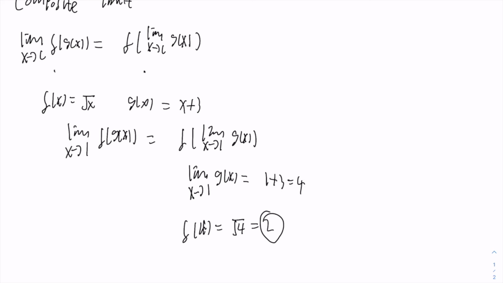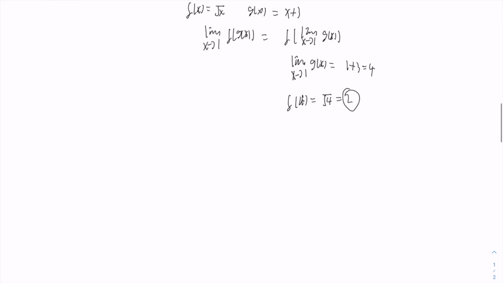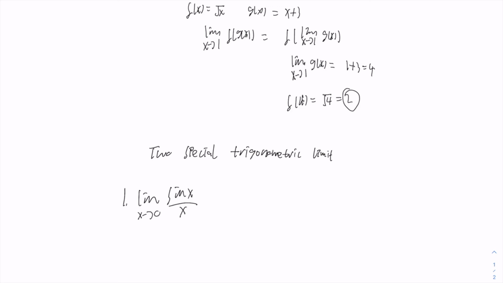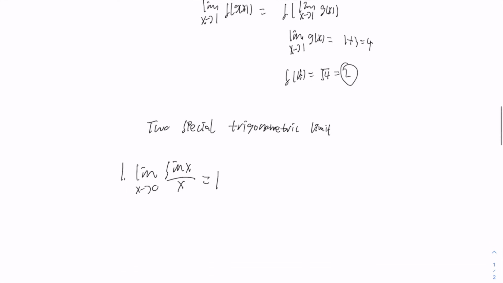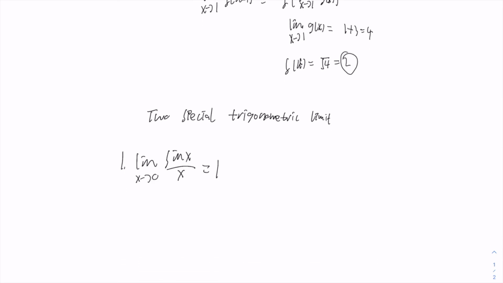And the last thing I'll talk about today is two special trigonometric limits. The first one is the limit of sine of x over x when x approaches 0, and just remember this equals 1. You don't really need to know why for now.